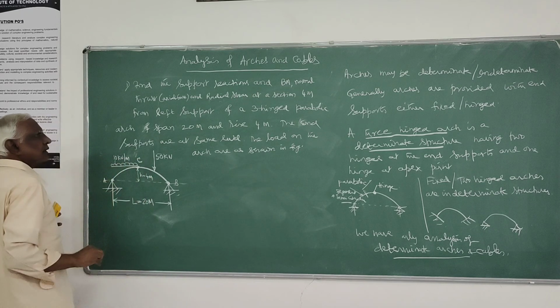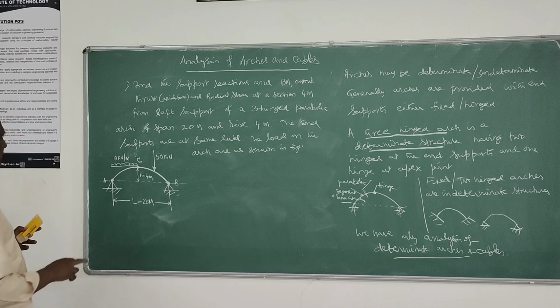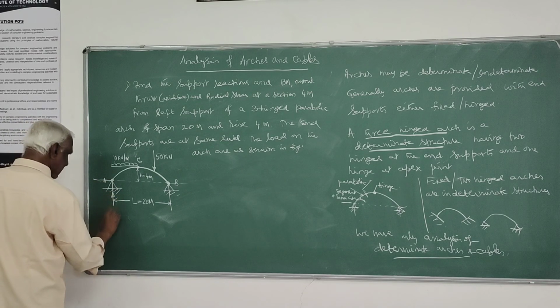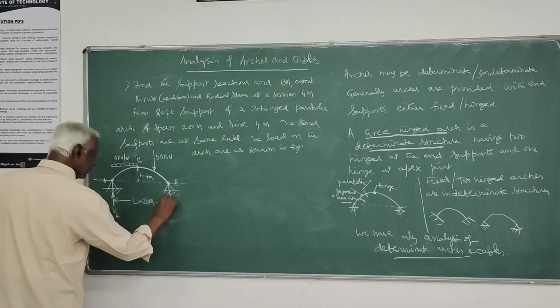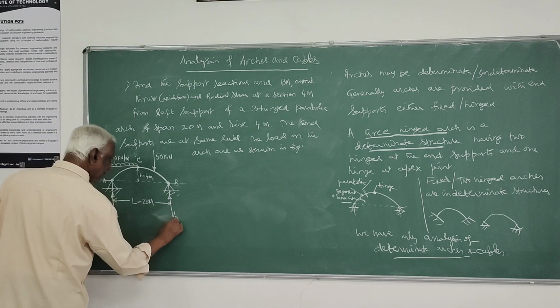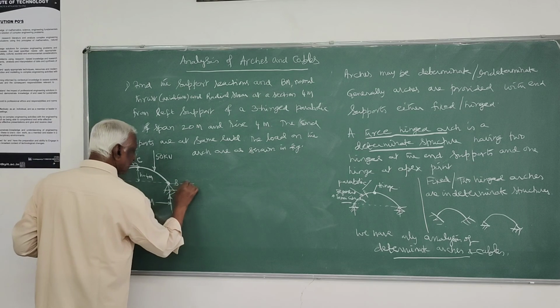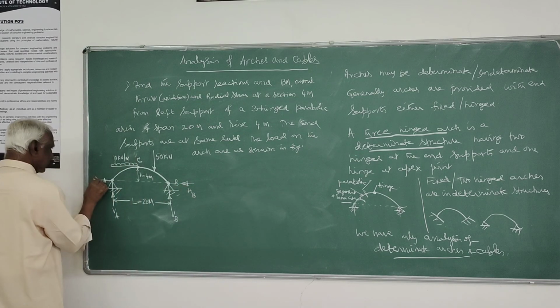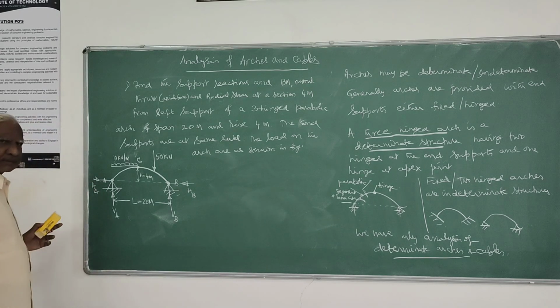And you have to find out the support reactions, that is this VA, VB, and this HB, this is HA, right?